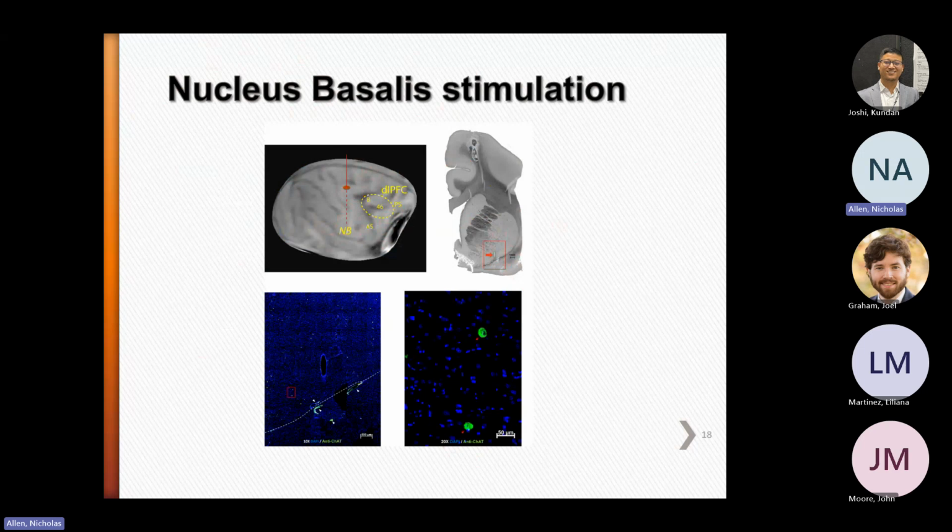This nucleus contains these neurons that produce the neurotransmitter acetylcholine, and then axons from these neurons project pretty much to the entire cortex. By stimulating this nucleus, we have our finger on the switch, essentially, to turn the acetylcholine release on and off pretty much everywhere.